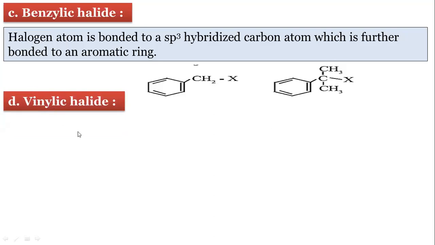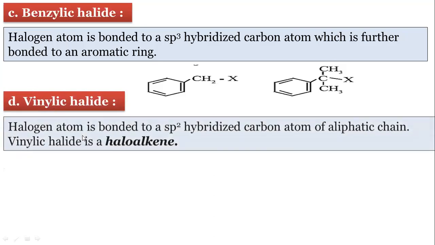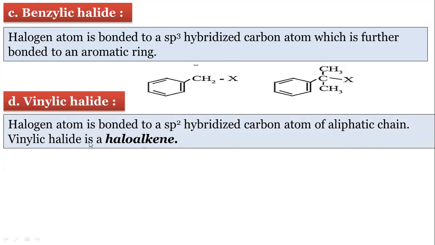Then vinylic halides, in which the halogen is bonded to the sp2 hybridized carbon atom. See, this halogen is bonded to this carbon, which is sp2 hybridized. Why is it sp2 hybridized? Because it is bonded through a carbon-carbon double bond.